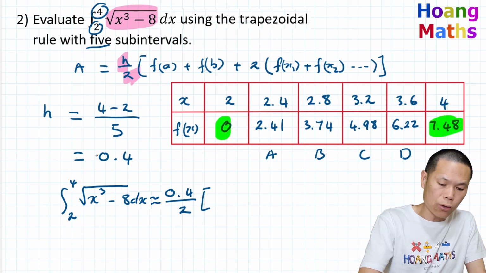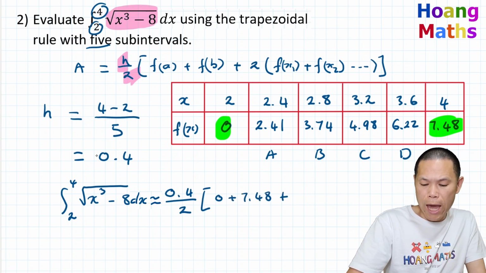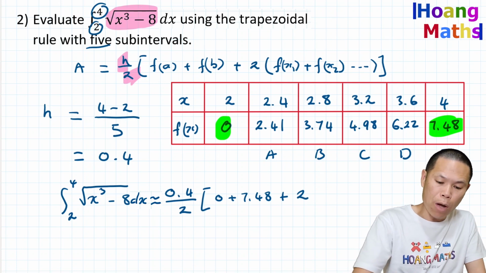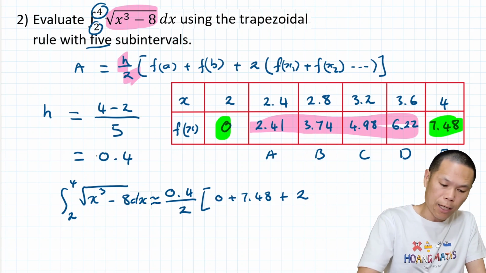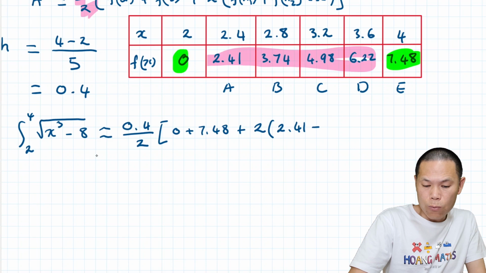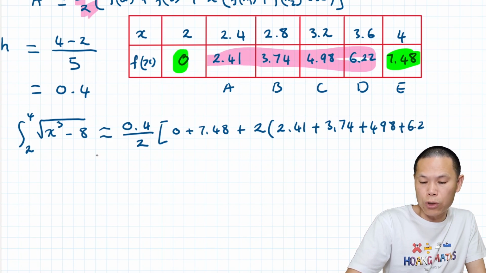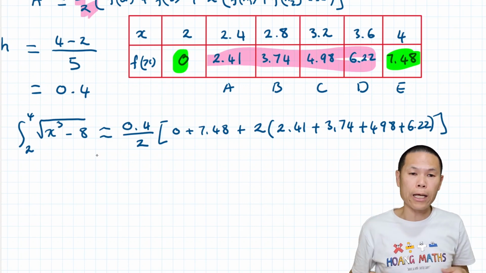So these two add together: 0 plus 7.48. And we add 2 times the sum of all the remaining y values. Just remember that for me. So brackets, 2.41, we add 3.74, we add 4.98, and then we add 6.22. Brackets and brackets again.